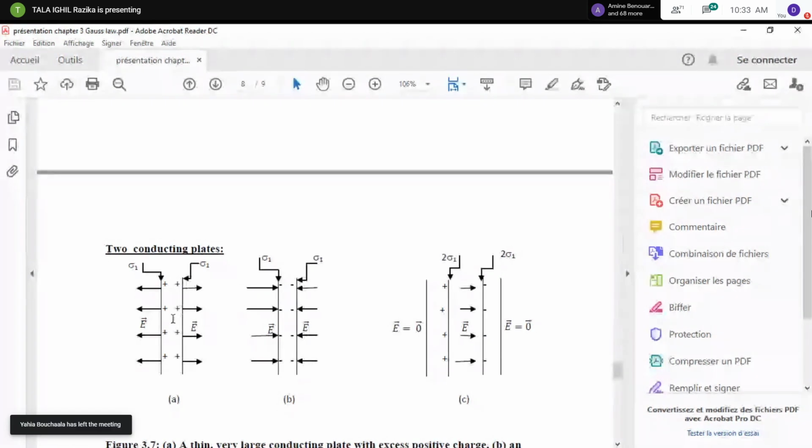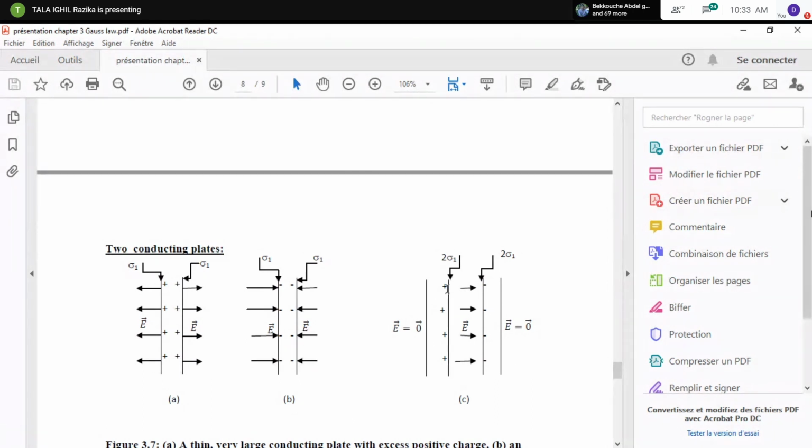If this is the first plate, positively charged, the field goes outside. This is a negatively charged conducting plate, it goes inside. Now if you gather the two plates, there is attraction between the positive and negative charge. So the positive charge which was on this side will go to the other side.